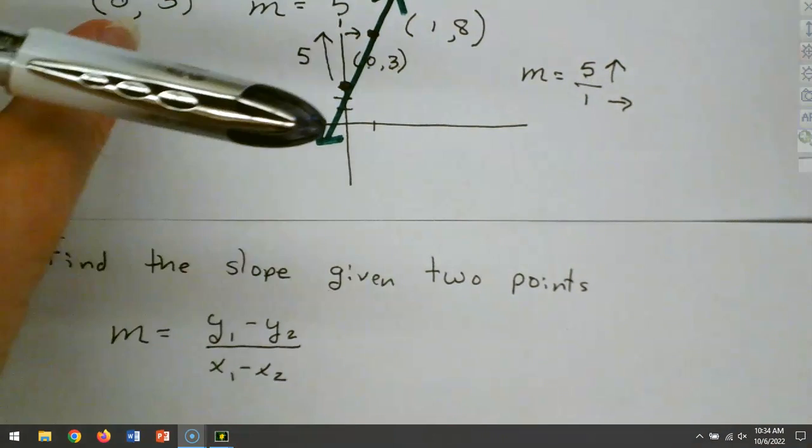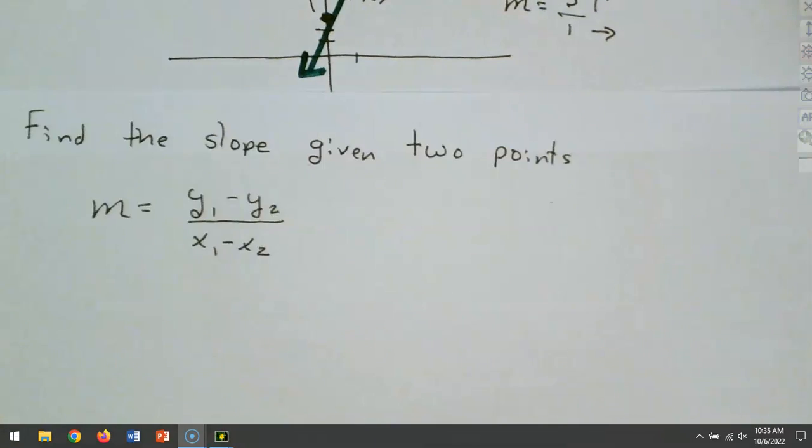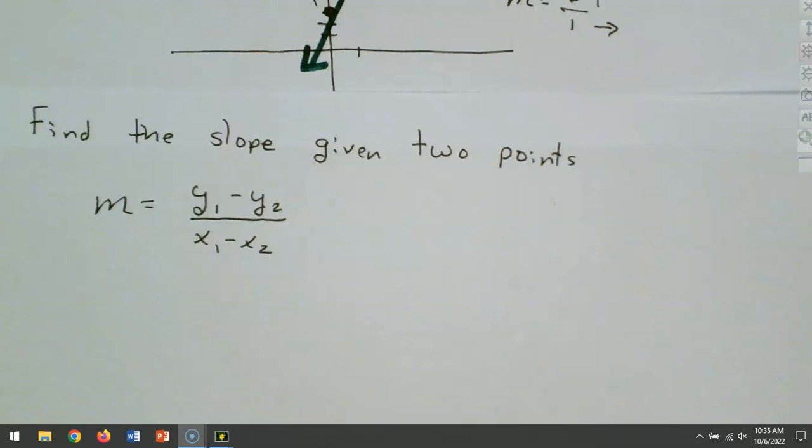And you probably have seen this before. So this is going to be our slope formula here. y1 minus y2 over x1 minus x2.